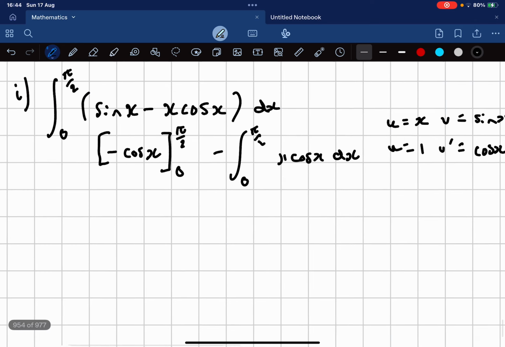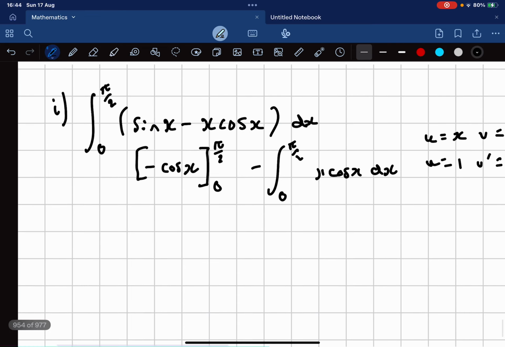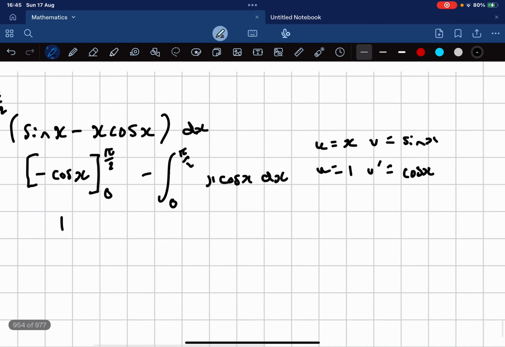So, let's evaluate this first. Cos of pi over 2 is 0, so that's going to cancel. Cos of 0 is 1, but it's negative cos x, and that's a negative limit of our integral. So it's going to be a double negative, which will mean 1.